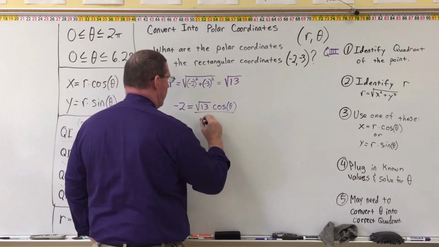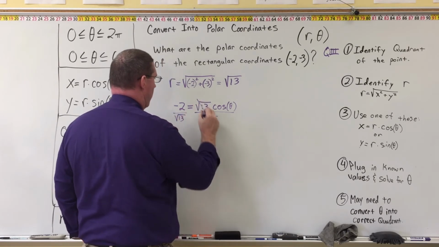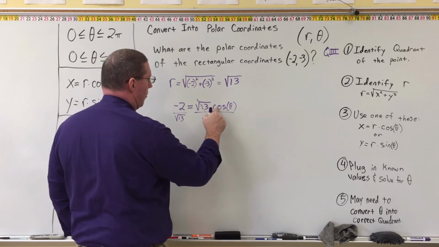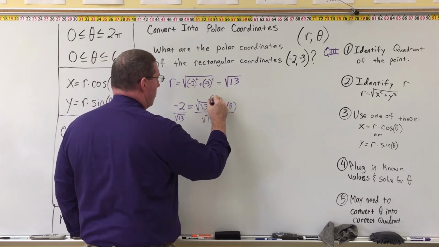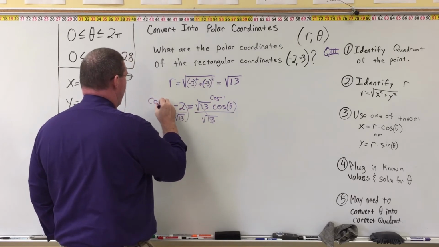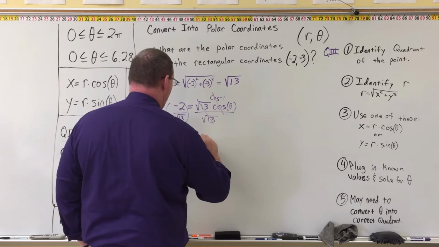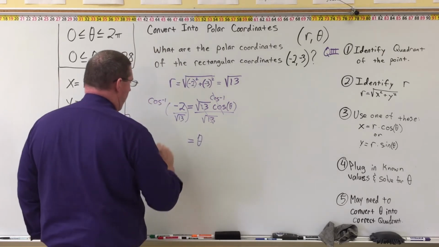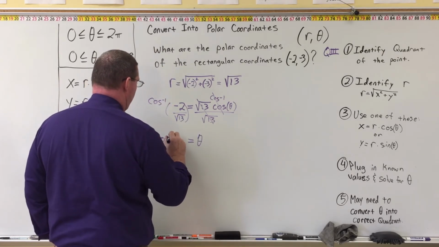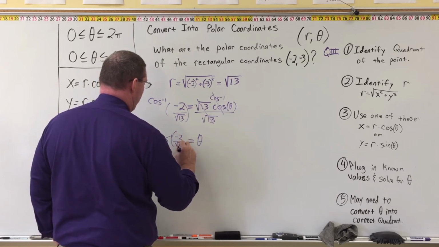We're going to divide by the square root of 13 on both sides. Okay, it's going to cancel, and now we've got to cancel cosine. We've got to do cosine inverse to both sides, right? Cosine inverse will cancel cosine and bring down theta. Okay, and so we have cosine inverse of -2 over the square root of 13.